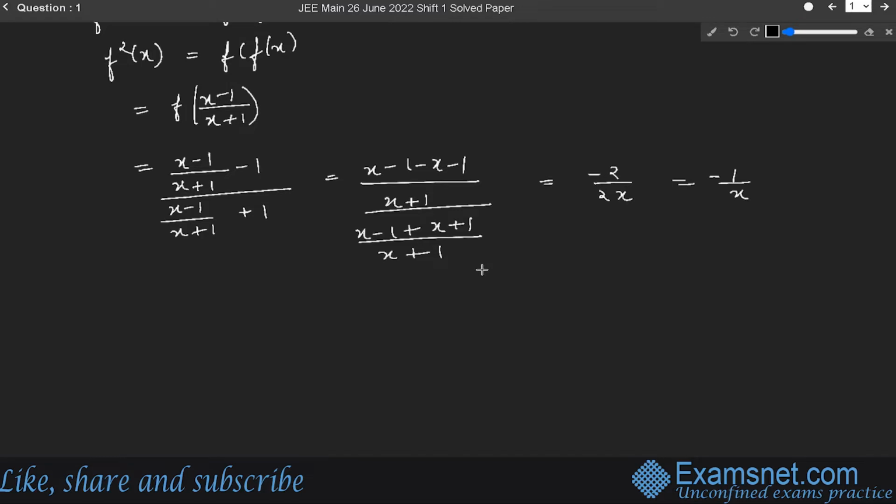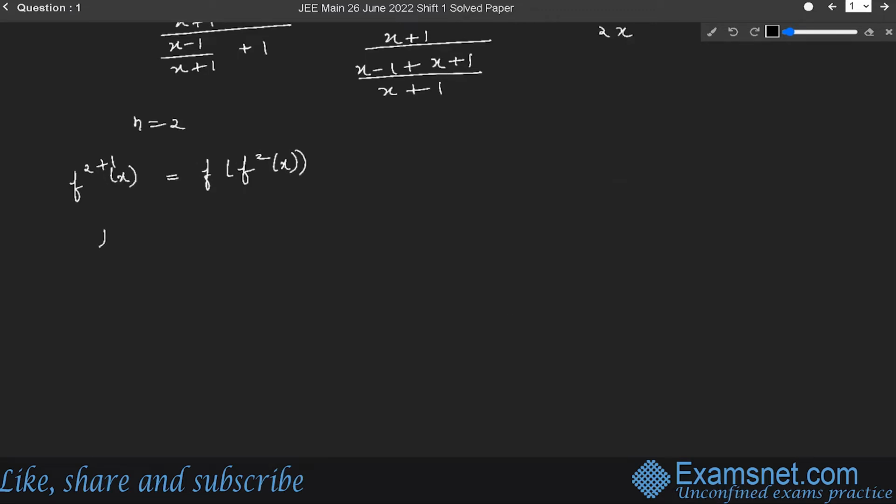Now again from equation 1, for n is equal to 2, the equation will be f of x power 2 plus 1 is equal to f of x power 2. So this can also be written as f of x cube is equal to f of x square.